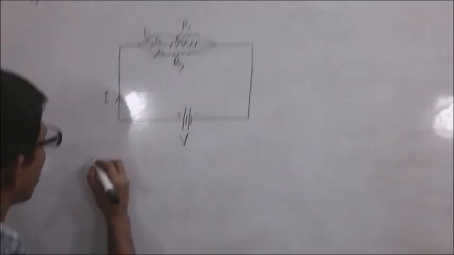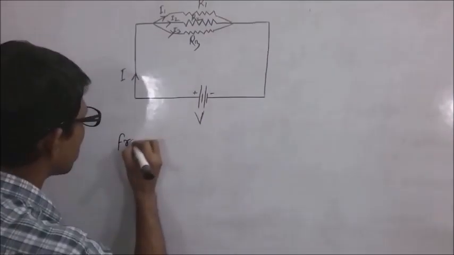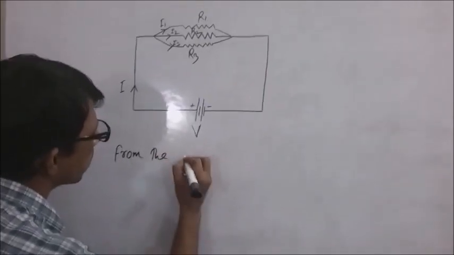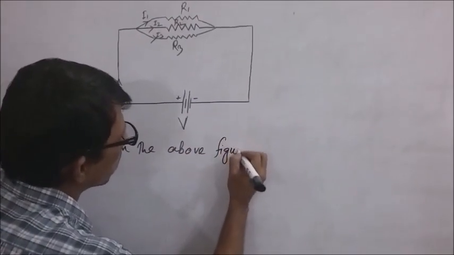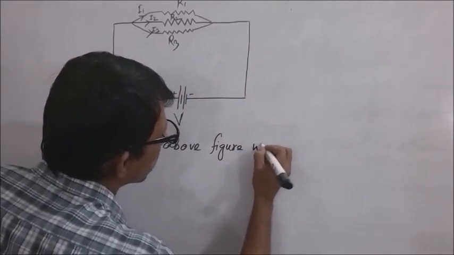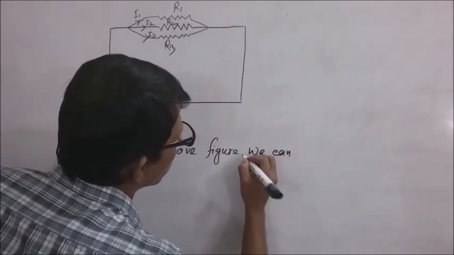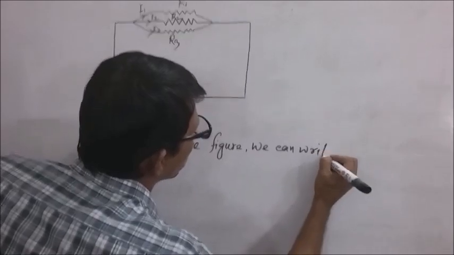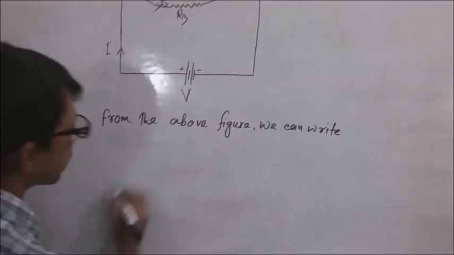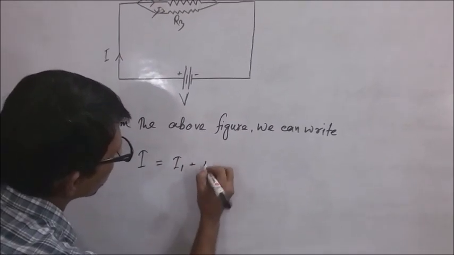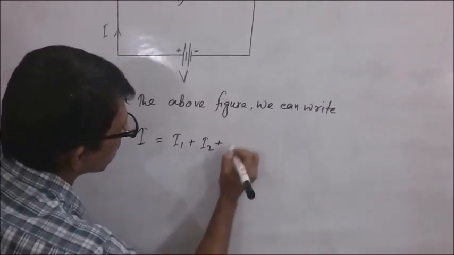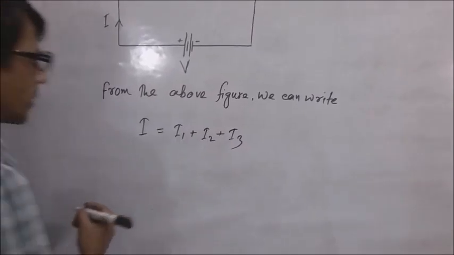From the above figure we can write I equal to I1 plus I2 plus I3.